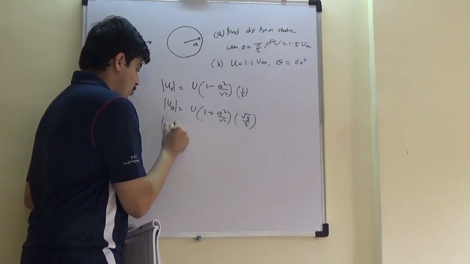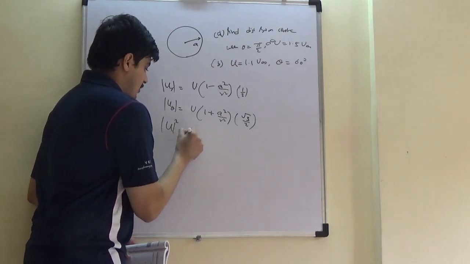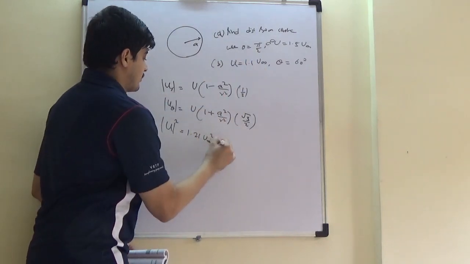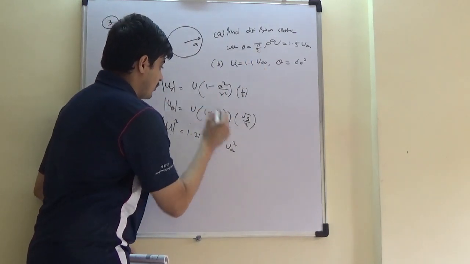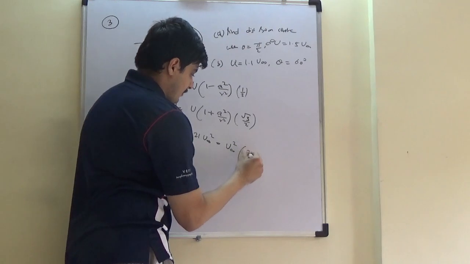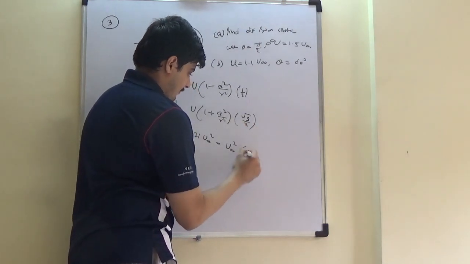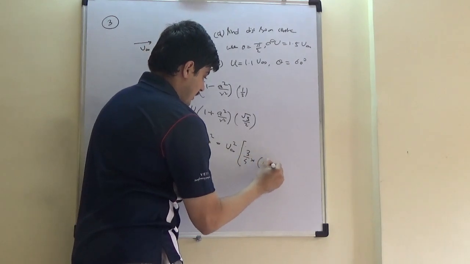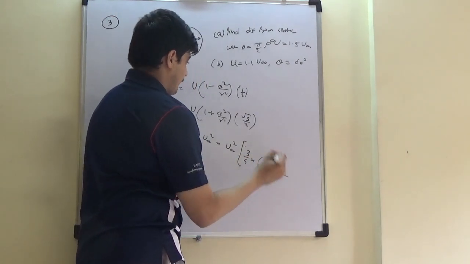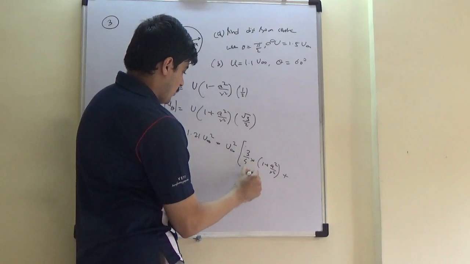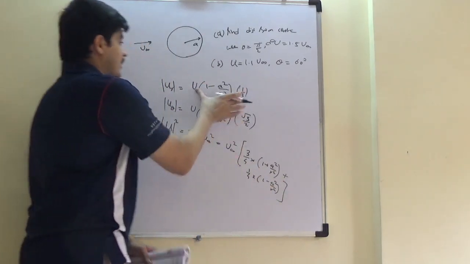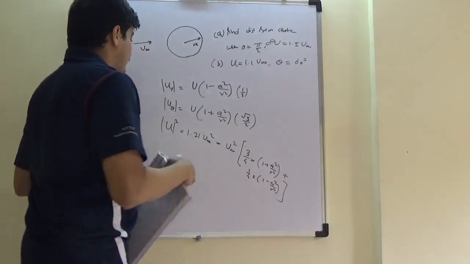So mod u square, which is 1.21 u infinity square, I have squared this. Why? Because you have u infinity square on both the sides. 3 by 4 into 1 plus a square upon r square plus 1 by 4 into 1 minus a square upon r square. Individual modulus getting added.